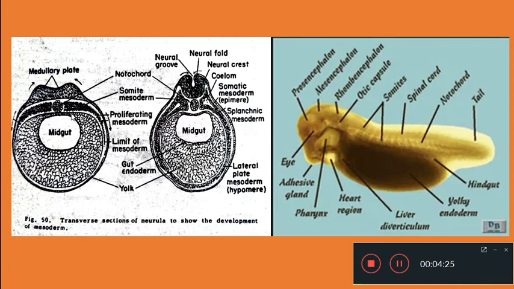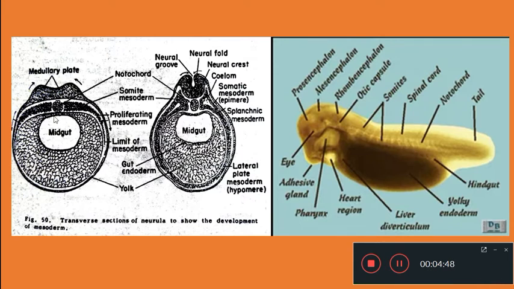So a delamination has occurred, and the cells of this precaudal plate expand and arrange themselves into the cylindrical rod which is called the notochord. Though I mentioned cylindrical rod, this is a transverse section. That is why it is having a circular outline. This is actually a rod-like structure which will appear circular in outline in the transverse section.